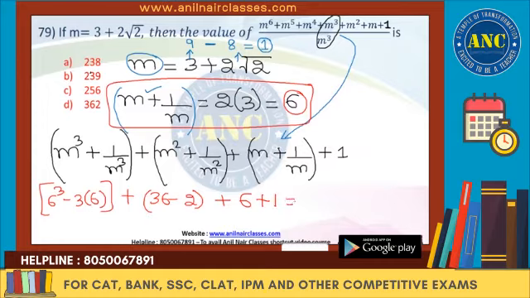So your final answer is 198 plus 34, which is 232, plus 6 is 238, plus 1 is 239. The answer for this question is very simple, which is 239.